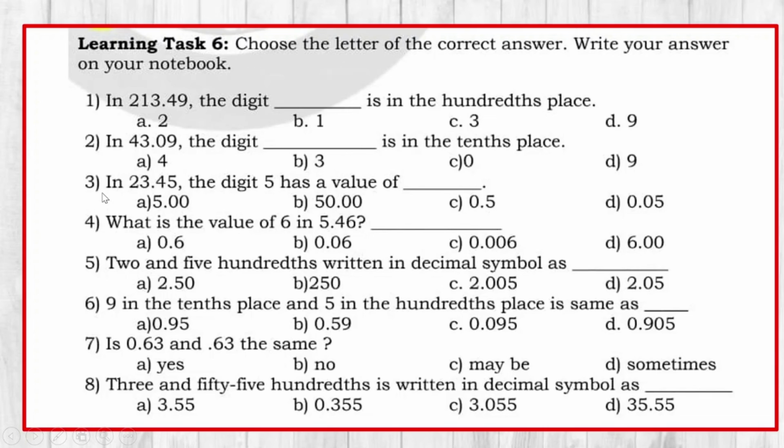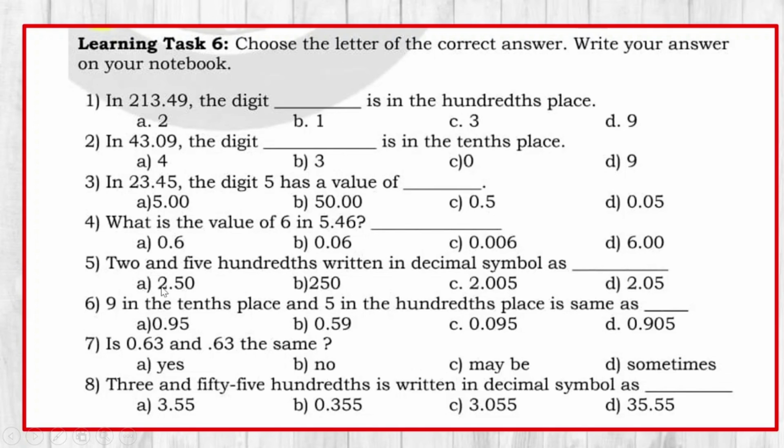Then number 3. In 23.45, the digit 5 has a value of, ayan, yung 5. Ano ang value niya? Paano siya sinusulat pag in decimal lang? A, B, C, or D? Pag nakalimutan, balikan yung example na nasa unahan. Number 4. What is the value of 6 in 5.46? Nandito yung 6. Ano yung value niya? A, B, C, or D?